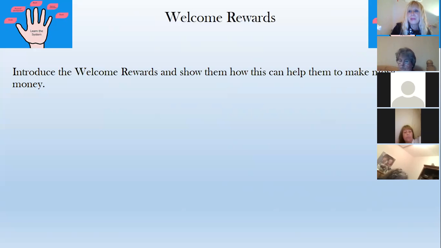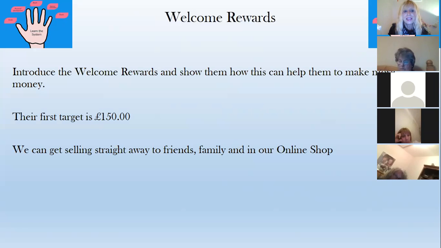That is a lot of money making opportunity. 250 books going out only once a week could generate sales of £1,000 a period. The first target's £150, and make sure they know the target and you're working together to achieve it.